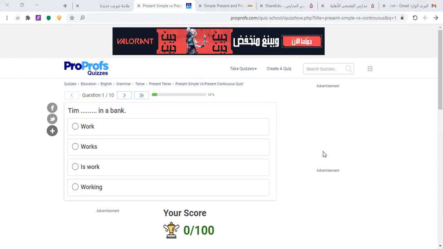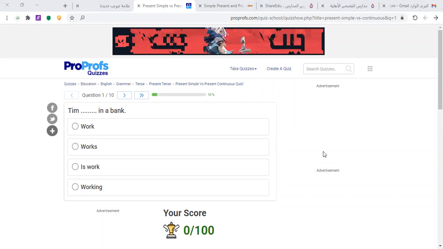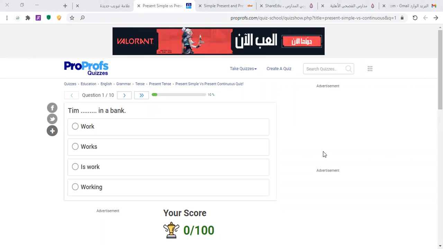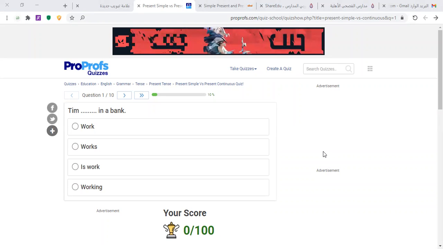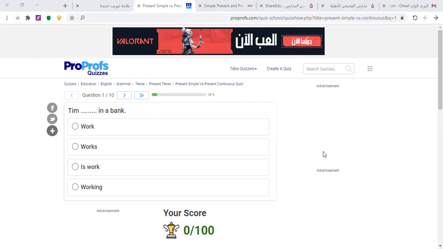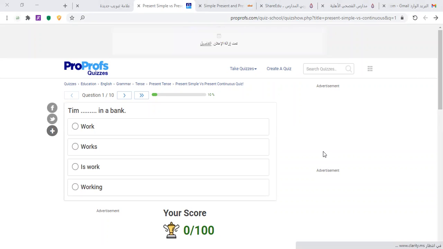Maybe in your laptop or in your phone, if you're using a phone, maybe you make the page translated from English to Arabic. Sometimes if you set a translation option, any page you open in English is translated automatically, so remove this option so that it doesn't translate it for you automatically.